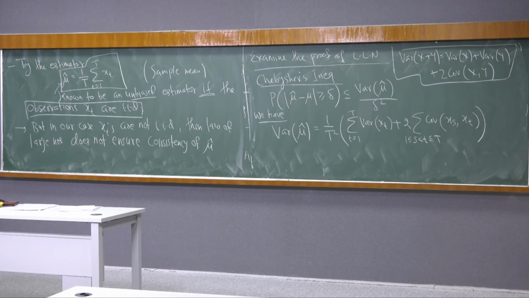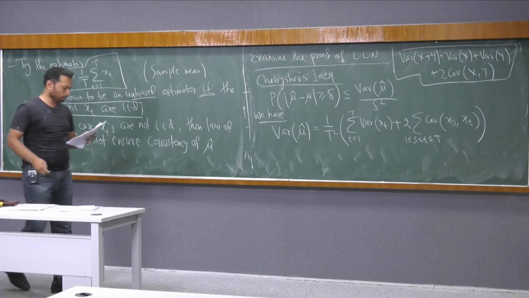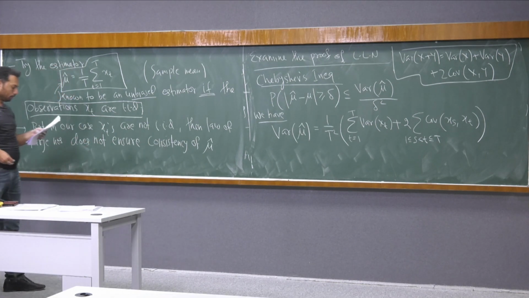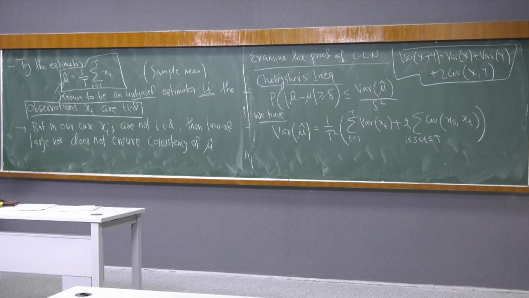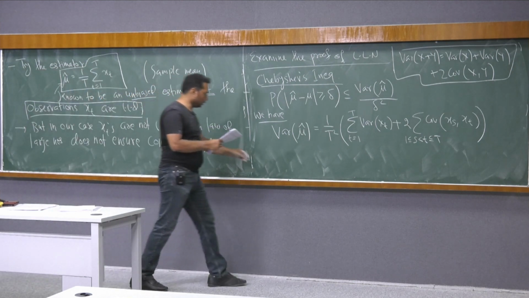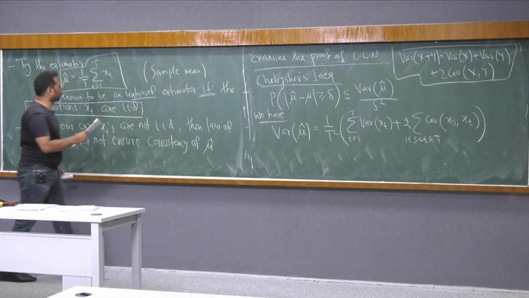But in our case, there may not be IID. So now in this case, we cannot say that the variance of mu hat will go to 0 as T tends to infinity.